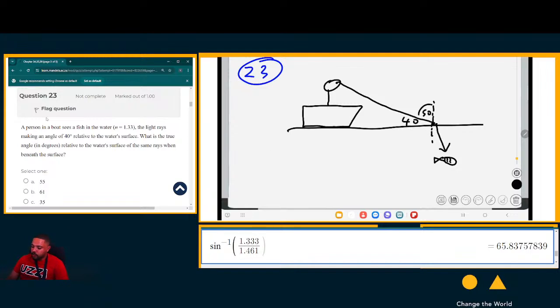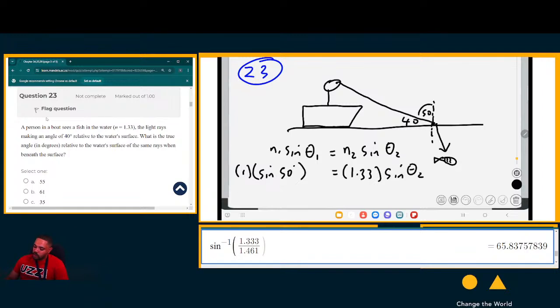So n1 sine theta 1 equals n2 sine theta 2. Now n1 is the index of refraction of air, and the sine of the incident angle is 50 degrees. The index of refraction of water is 1,33 sine theta 2. We want theta 2. Let's actually do this one together.